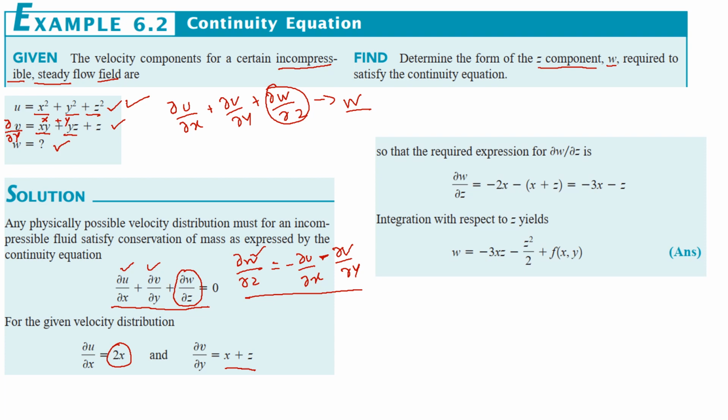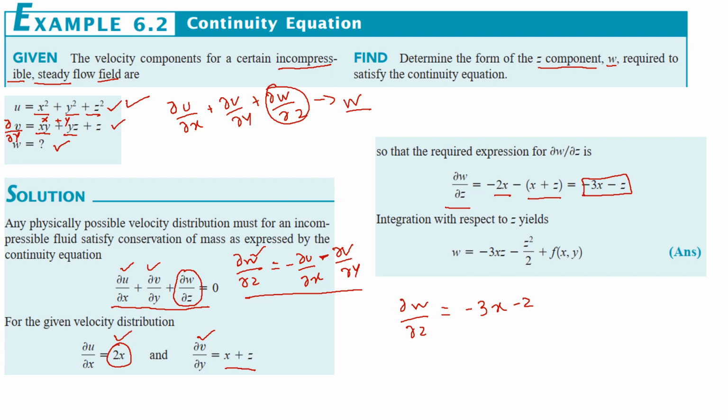Our partial w over partial z will now look like this: minus 2x, that was the 2x that we derived here, and this is the x plus z that we derived for taking the partial v over partial y. So now doing a little bit of math, we get this term right here. So now our partial w over partial z is equal to minus 3x minus z.